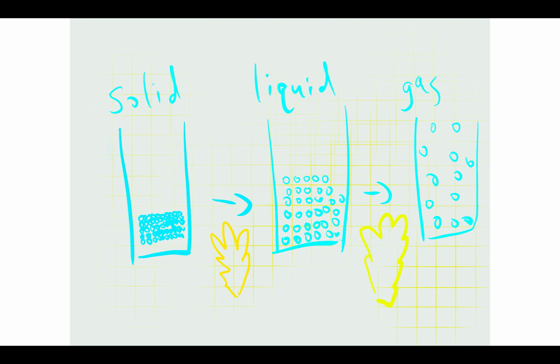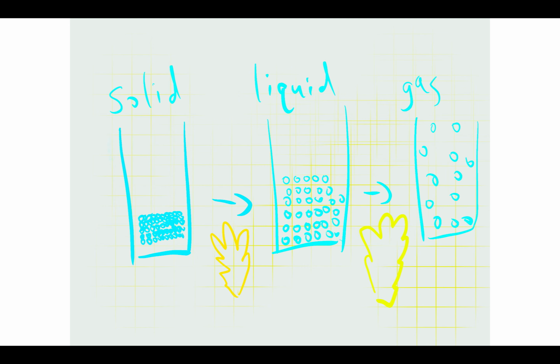I want to illustrate better what's actually going on. Let's say you have a glass with the same amount of water, and you start at a really cold temperature, say negative 50 degrees C. Each blue dot represents a water molecule, and they're really compact.